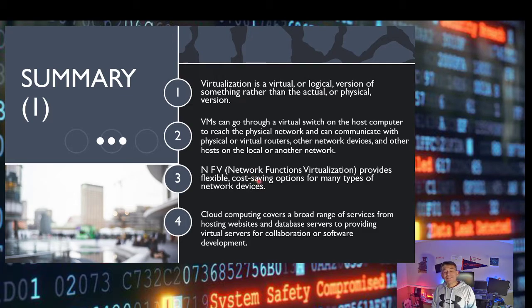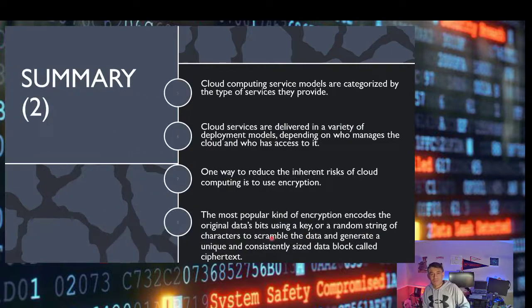Number 3, NFV is defined as Network Functions Virtualization and provides the ability of virtualizing network equipment. It provides flexibility, cost-saving options for many types of network devices. Number 4, cloud computing covers a broad range of services from hosting websites and database servers to providing virtual servers for collaboration or software development.